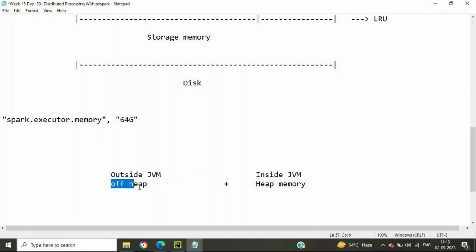This is the same as the off-heap storage level in persisting. Once we utilize the off-heap persist level, the data frames will be persisted onto the off-heap memory, outside the JVM.